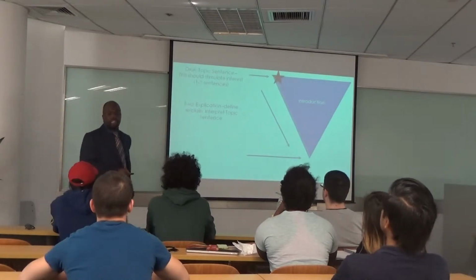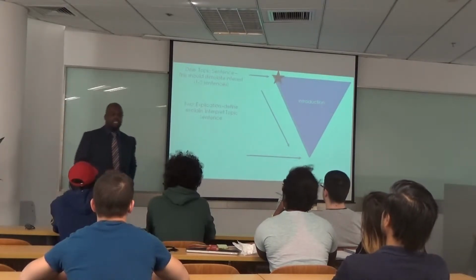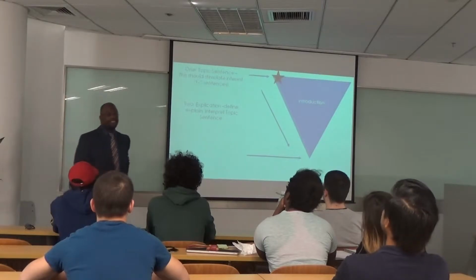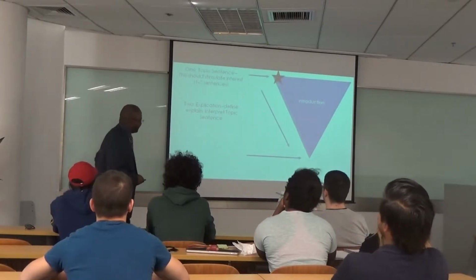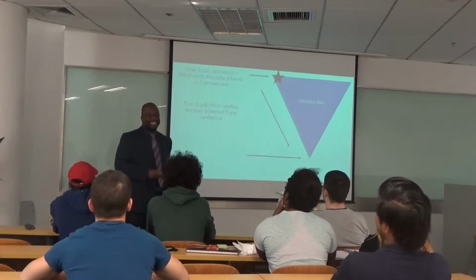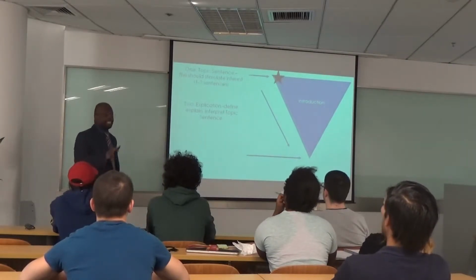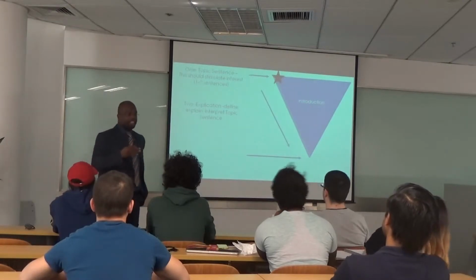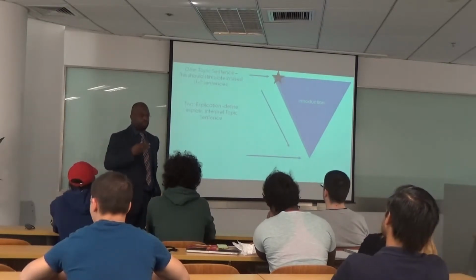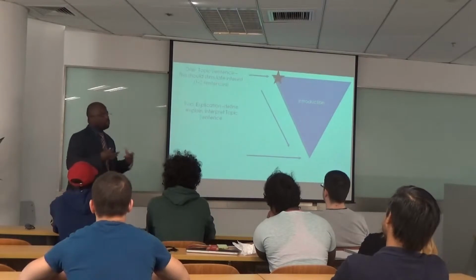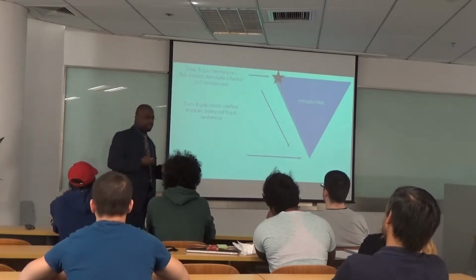That's a nice word. Does anyone know what explication means? Yes, explain. It's like explain, but a bit different. It's to really expound. Do you understand what that word means?